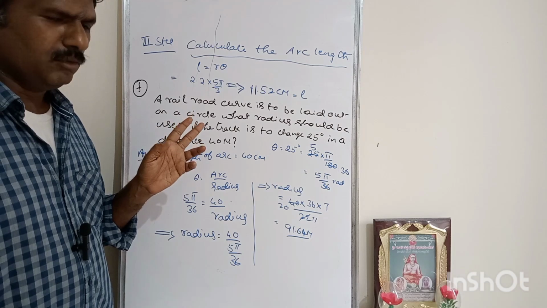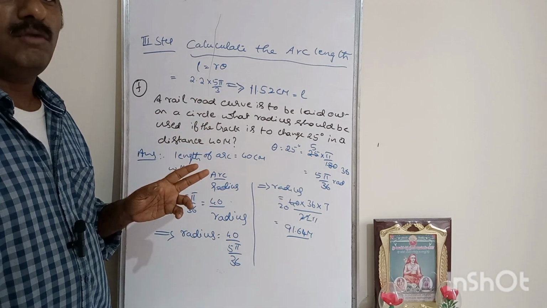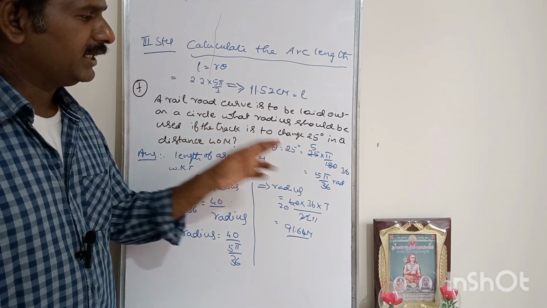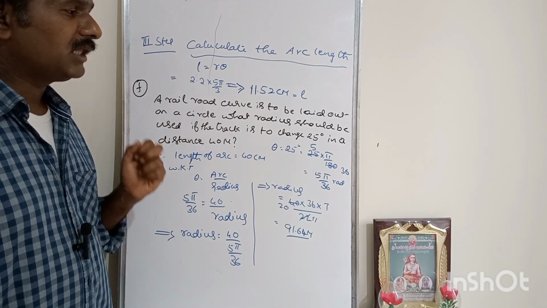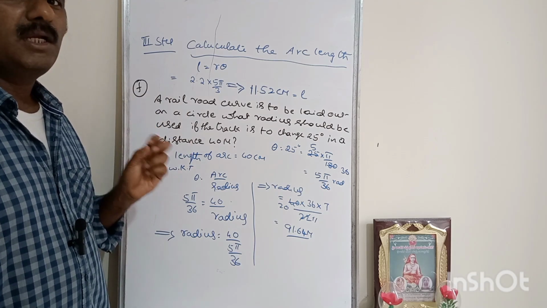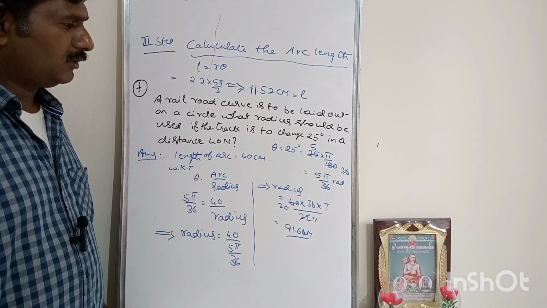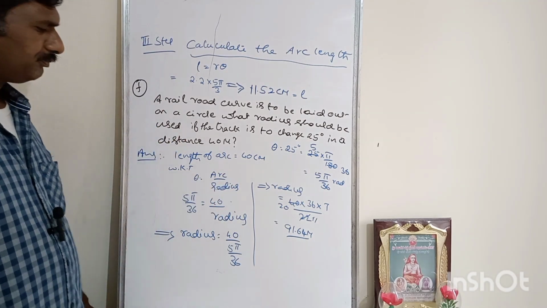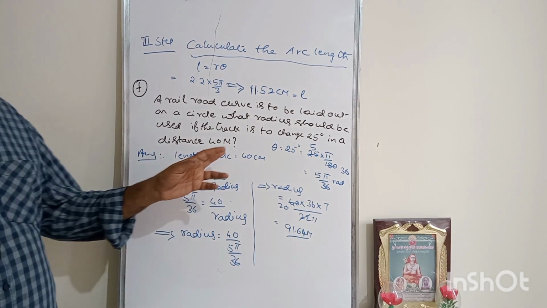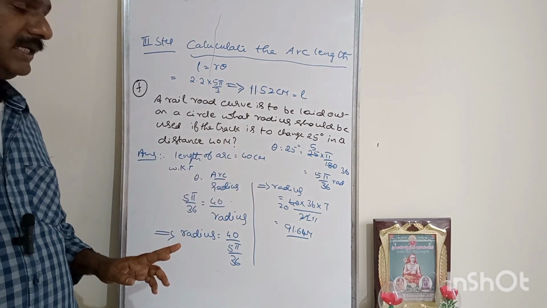We have to obtain the radius. If we change theta by 25 degrees, what radius is to be there, given the length of the arc is 40 meters.